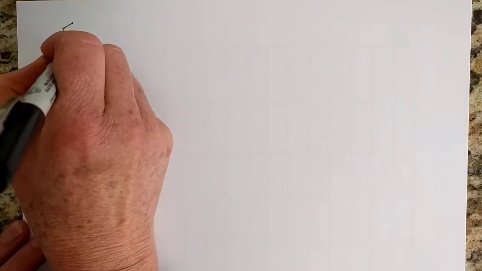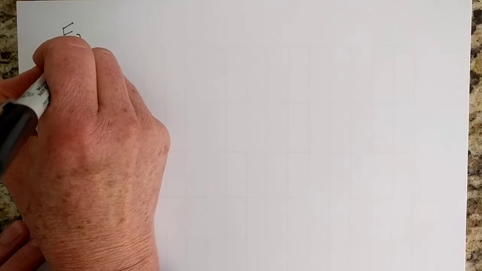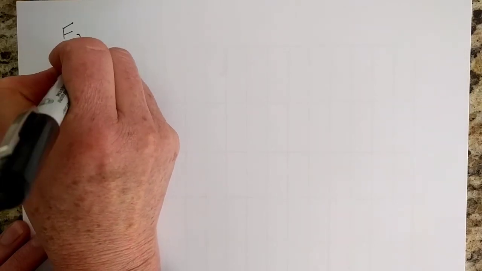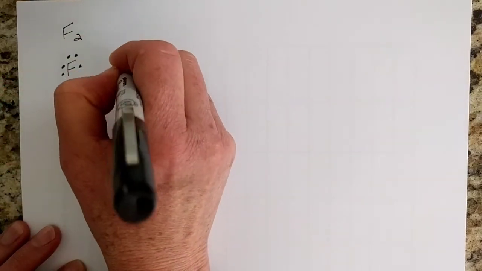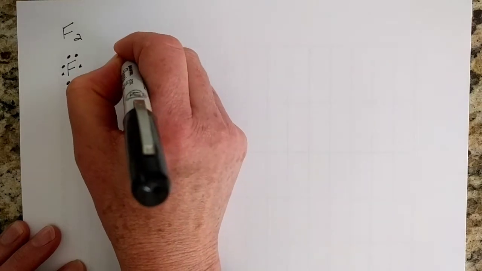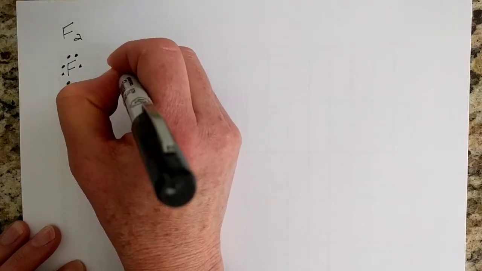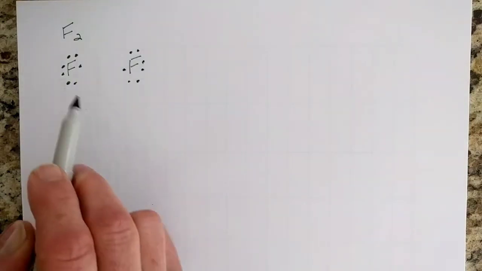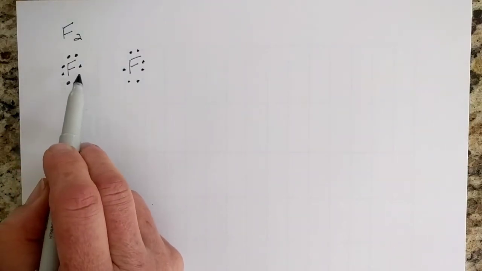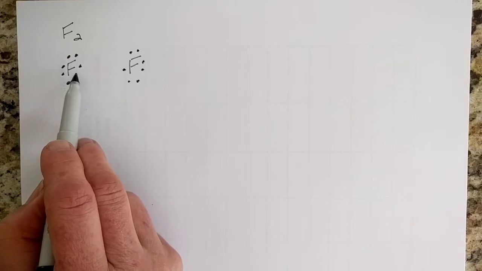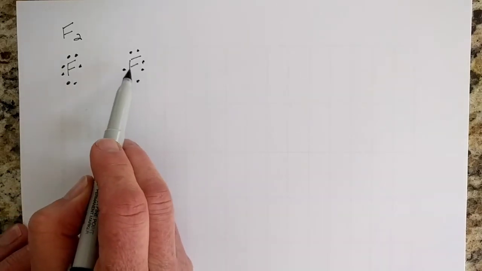So we look at fluorine's electron dot structure. Fluorine is in group 17, so we put in 7 valence electrons for 1 fluorine. And then we're going to do the same thing with our other fluorine, because we have 2 atoms of fluorine in 1 molecule. So fluorine would like to have the octet. It has 7. It would like to get 1. This fluorine would also like to get 1 electron.